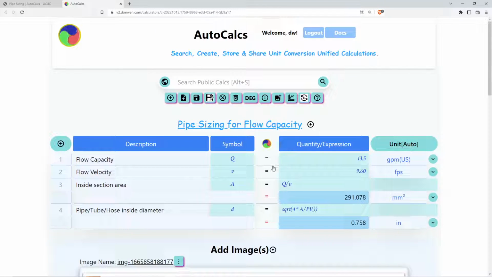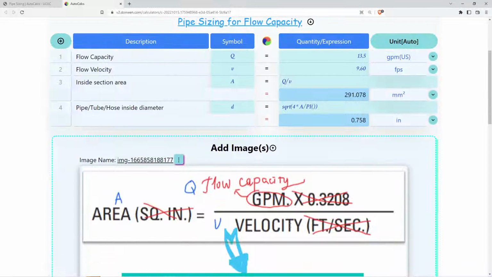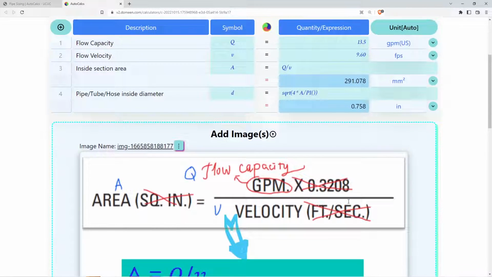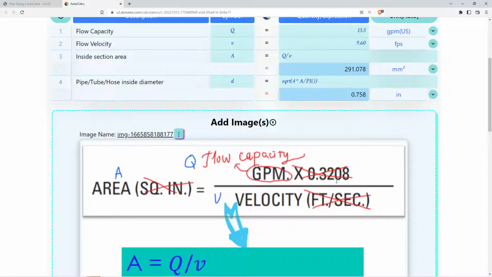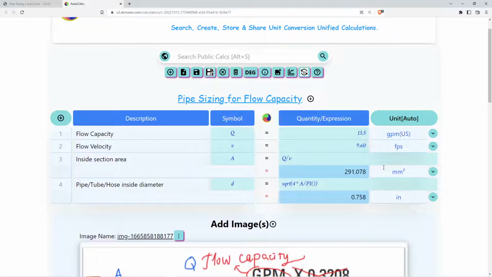But the benefit of this unit conversion unified calculation is that it's not like this equation, which is only applicable when you use the specific units and the specific magic number 0.328. It's hard to memorize anyway, unless you're working in this kind of industry very frequently.